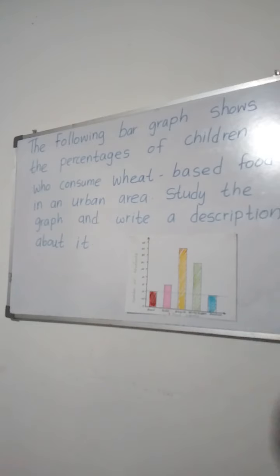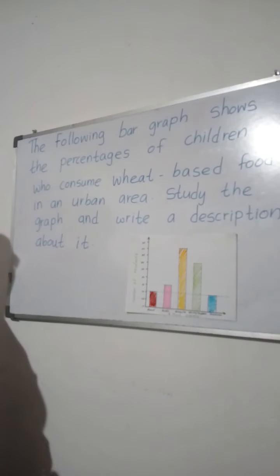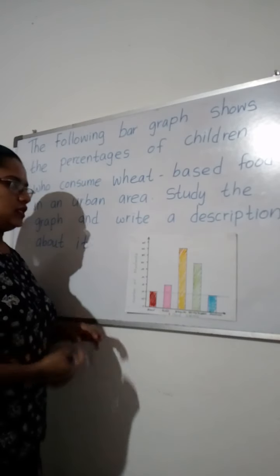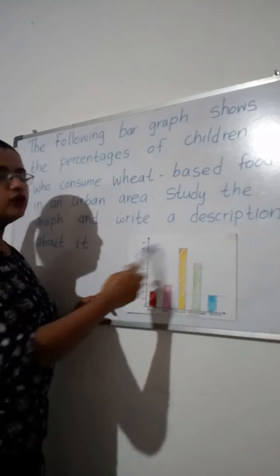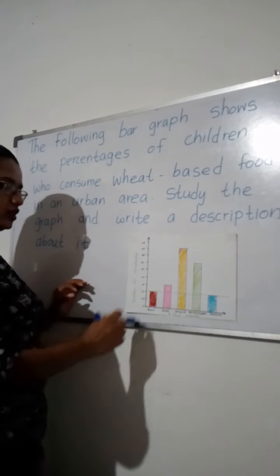Okay, look at this question. The following bar graph shows the percentages of children who consume wheat-based food in an urban area. Study the graph and write a description about it. Now, look at this graph. This question is about this graph. There are several food items mentioned in here.